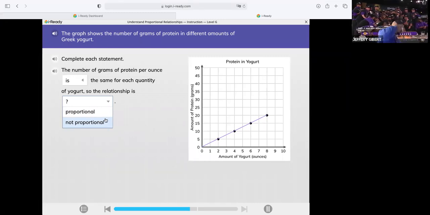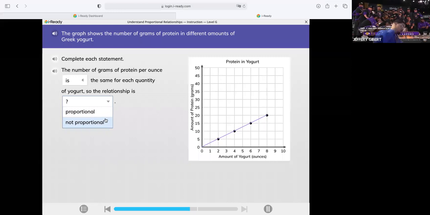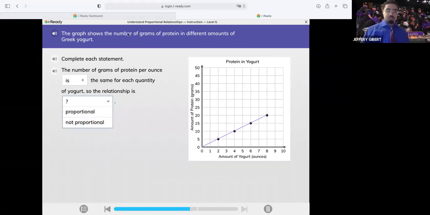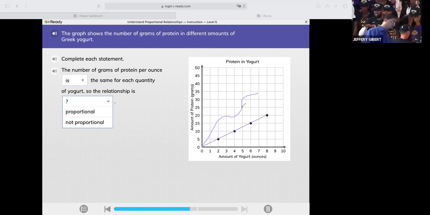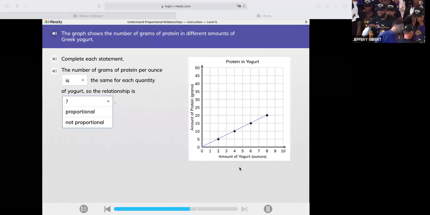Yeah. So if the line wasn't straight and it went through the origin, it would not be proportional. So like a line like this. That one goes through the origin, but it's not straight, so it wouldn't be proportional. But this one is a straight line and it goes through the origin.